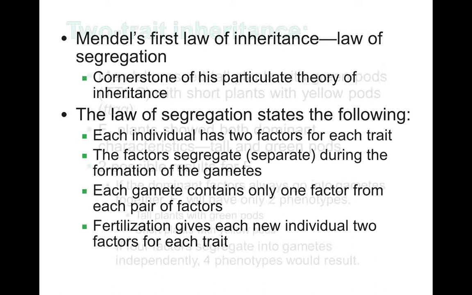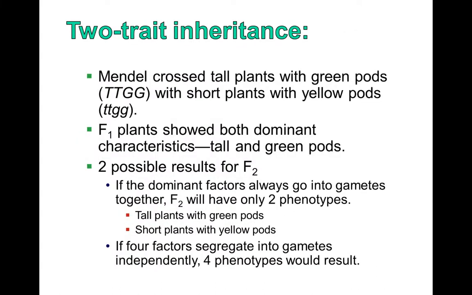Well, it does not have to be only one trait that we are looking at. It can also be 2 traits that we study at the same time. Say, in this example, the color of pea pods and how tall the plant is. Since we are talking about 2 traits at the same time, we call this a 2-trait inheritance.